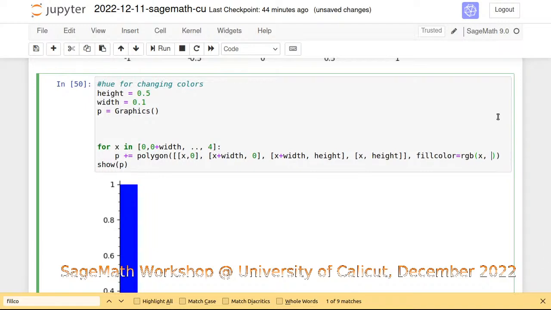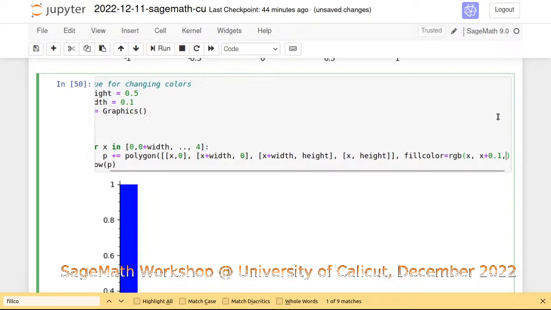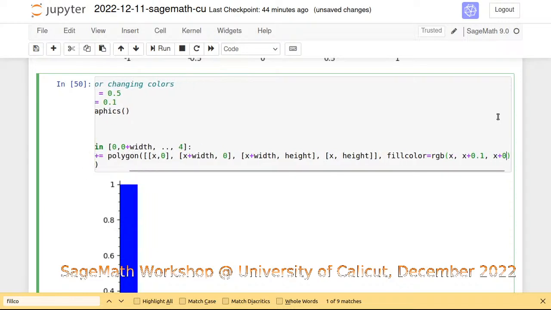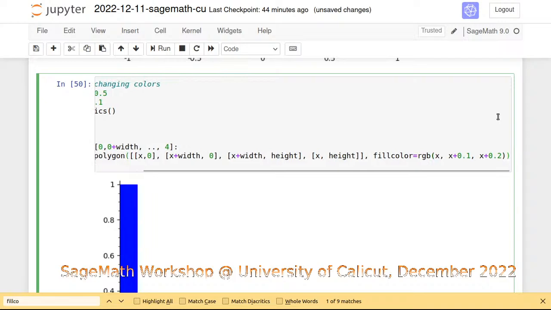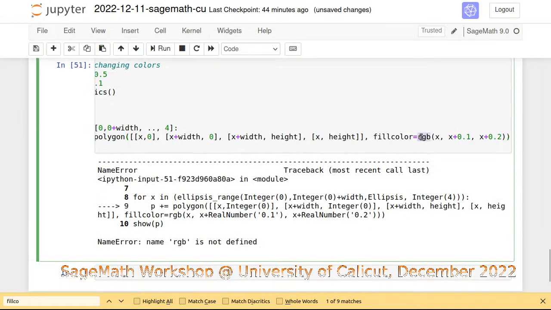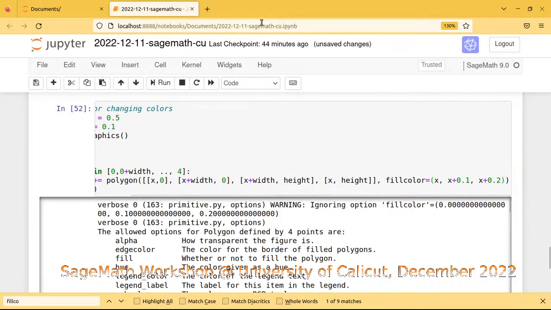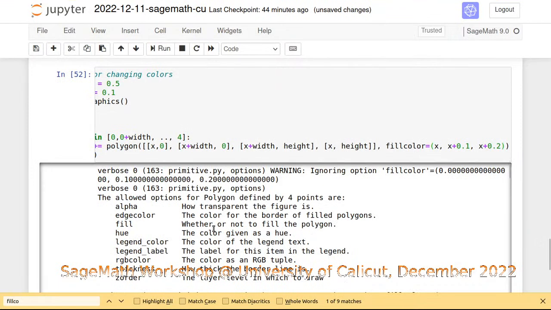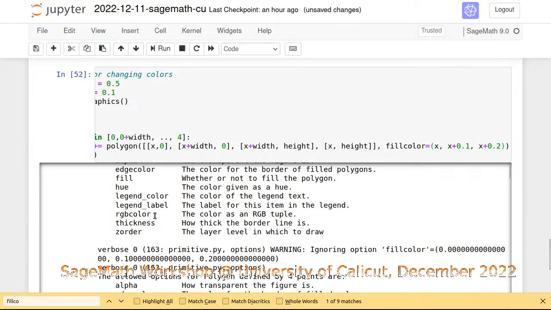RGB x plus 0.1, x plus 0.2. Let us try to see what exactly fill color does. Whether or not to fill edge color. What is it? RGB color.